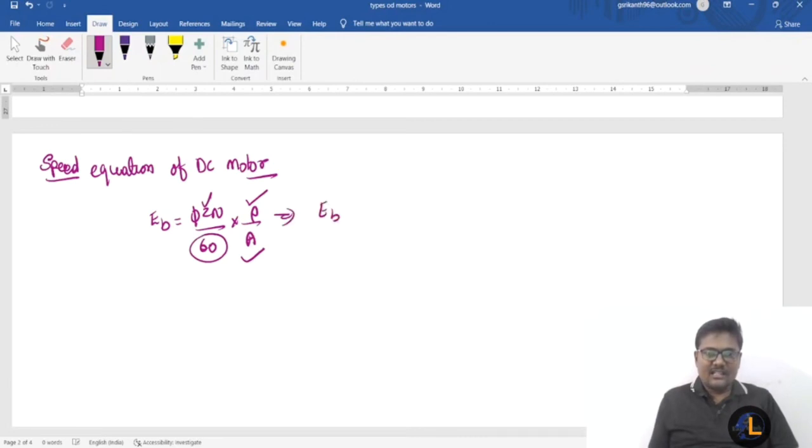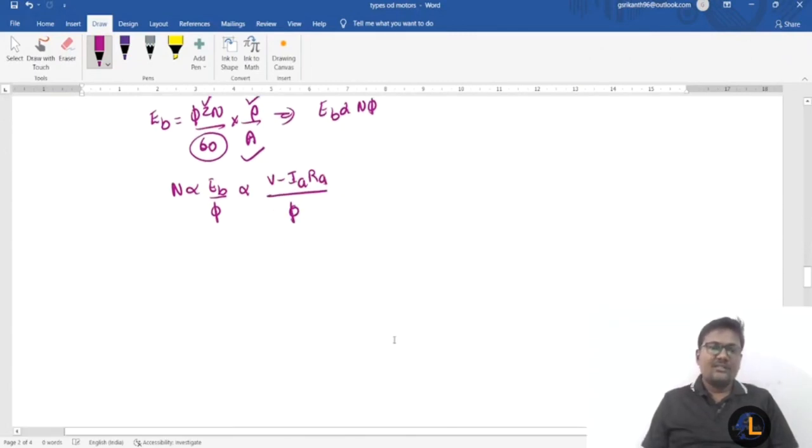I can write it as EB is directly proportional to N phi, so N is directly proportional to EB divided by phi, and EB is equal to V minus IA RA, divided by phi. For different types of motors, either flux is constant or IA is a variable. So we will see in the characteristics. This is a generalized equation.